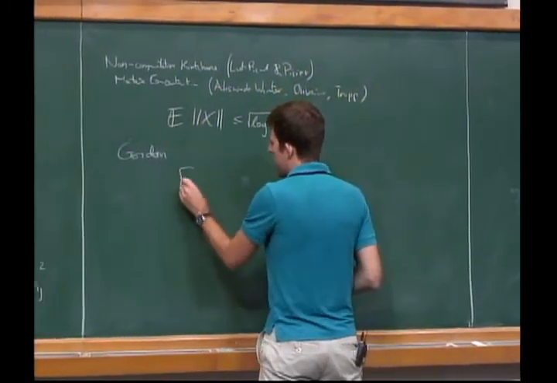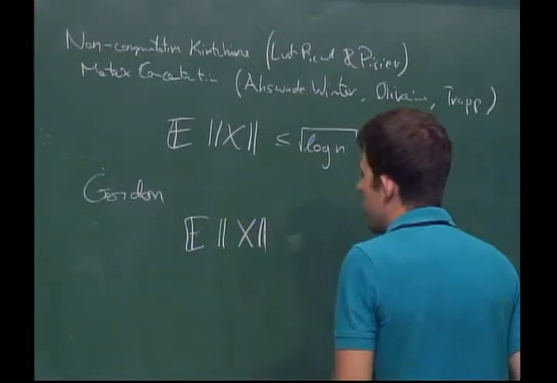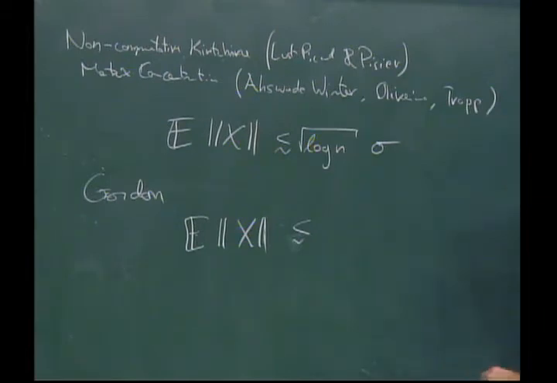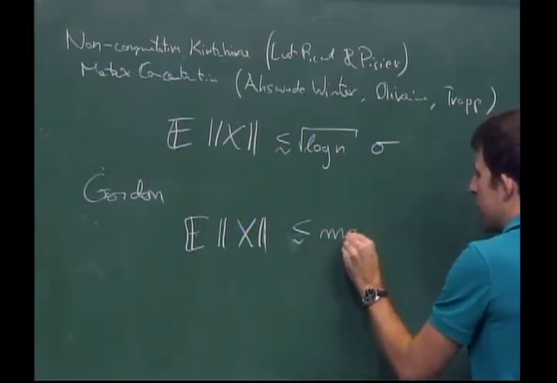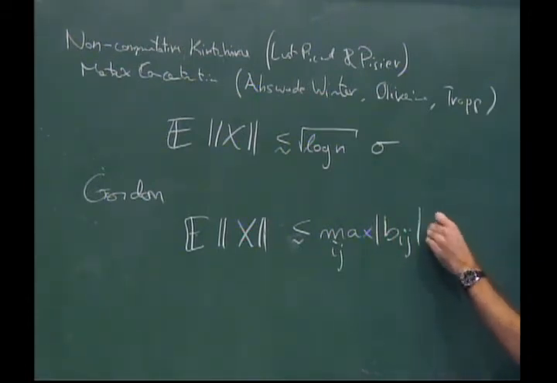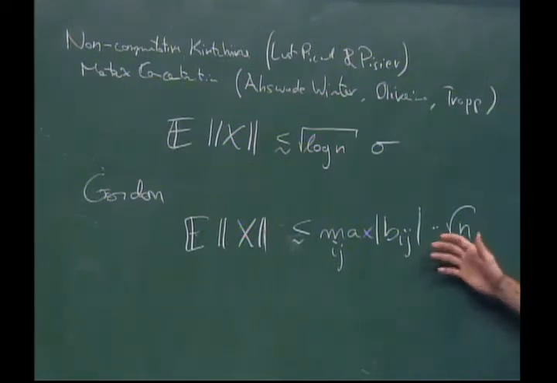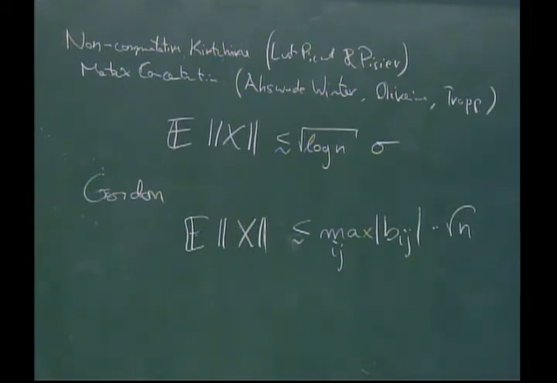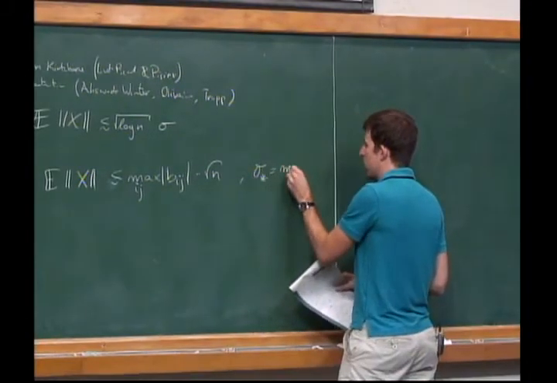So the result says that the expected spectral norm of X is smaller or equal, up to a constant, than the max entry times square root of n, which is what you would get for a Wigner matrix. You can also think of this as a net argument: if you do an epsilon net over all directions, you would get something of this type. Now I'm going to call the max of b_ij sigma star, just because I'm going to be using it a lot.